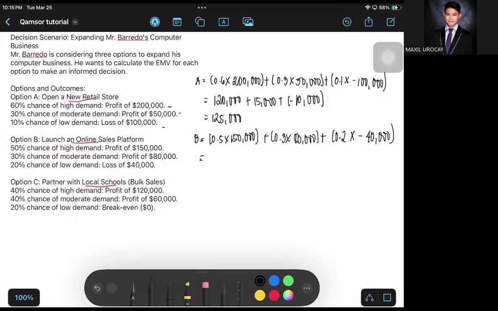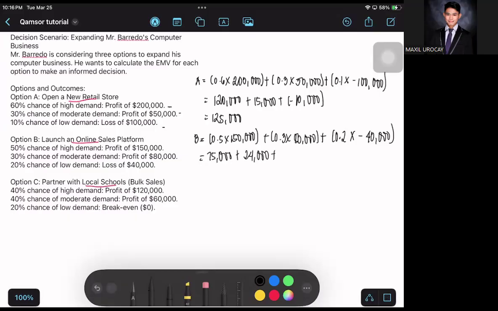I'm having trouble with my calculator. So 0.5 times 150,000 is 75,000, then plus 0.3 times 80,000, which is 24,000.